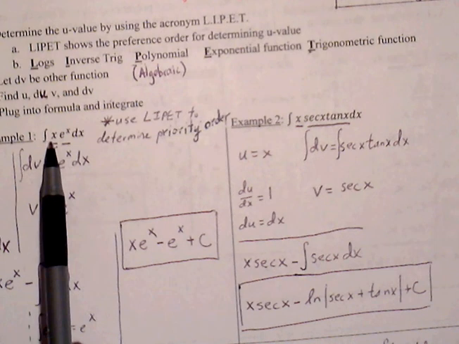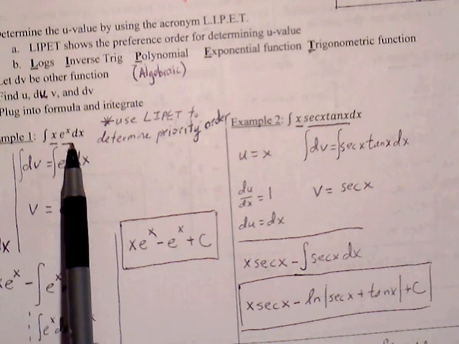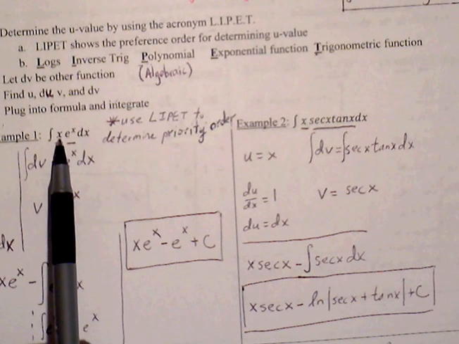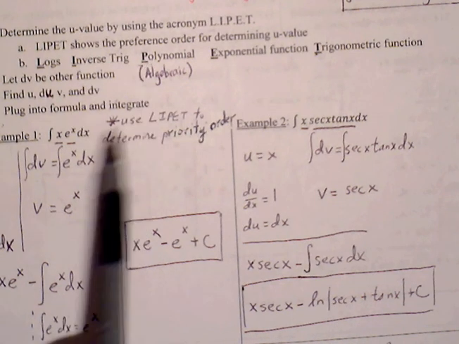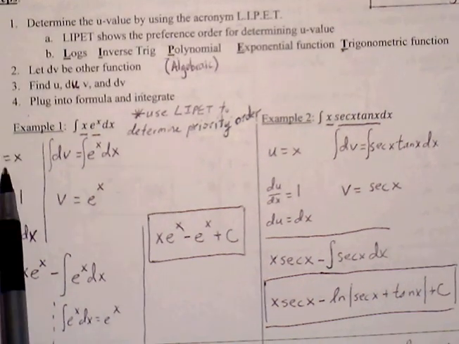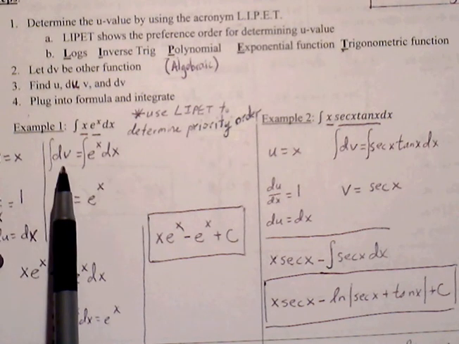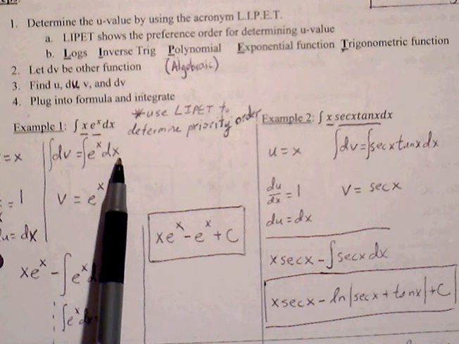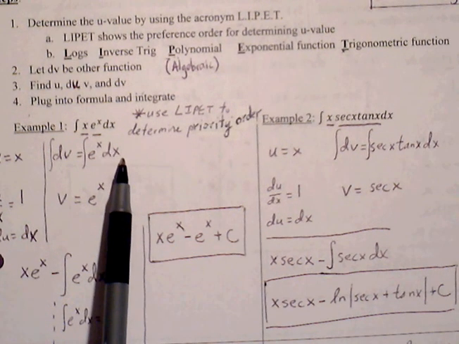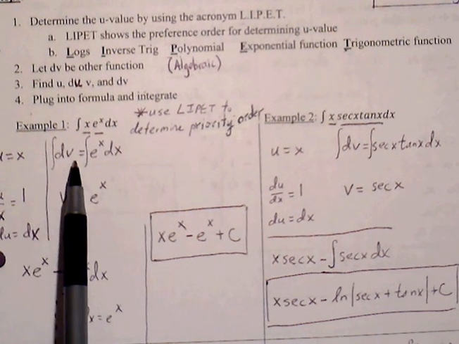Comparing algebraic with exponential function, algebraic is higher in the preference order than exponential. So we let our u value be x, and we let dv be e to the x dx. We always attach dx to whatever is associated with dv.